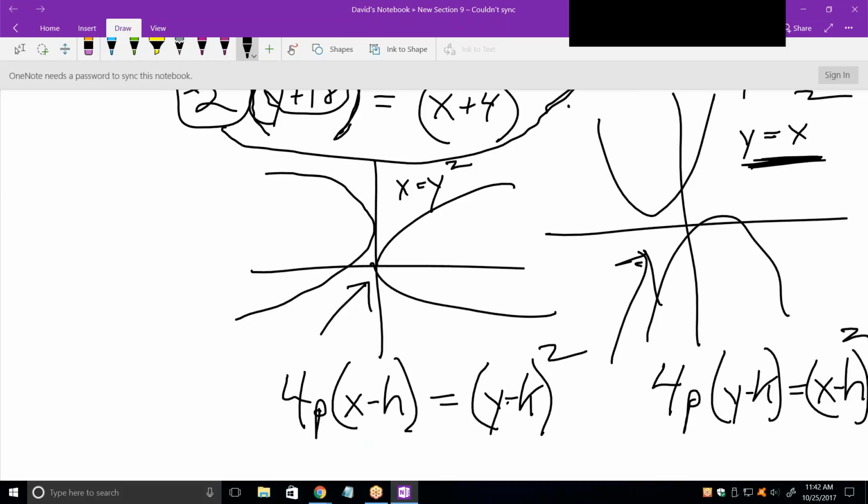It doesn't go in front of the variable being squared. So it doesn't go over here on the right. You have got to memorize both of these, because I would find it very difficult to believe that you're into conic sections and they are not giving you horizontal parabolas also.